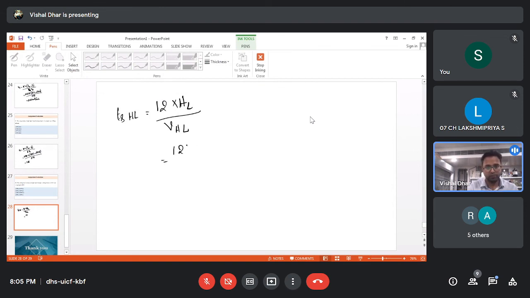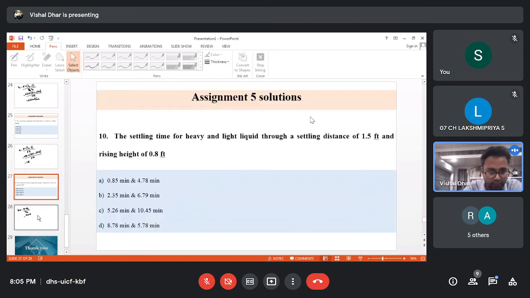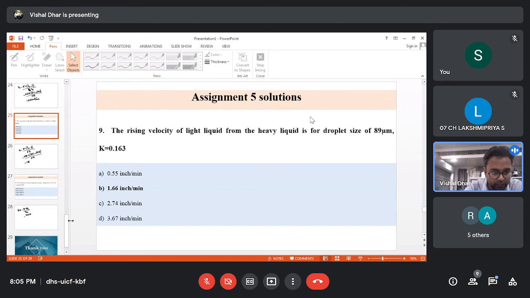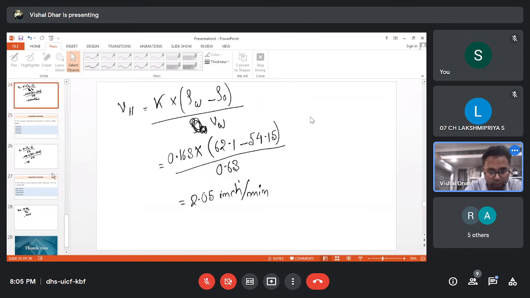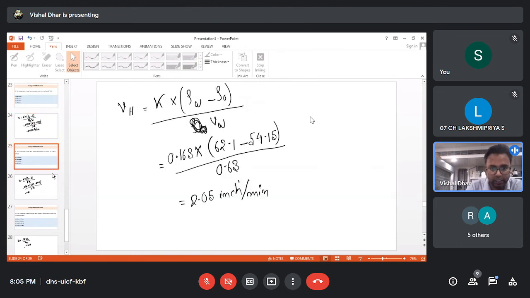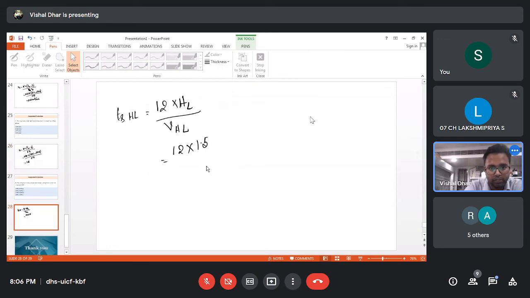So it will be 12 into 1.5, where 1.5 feet is the settling distance, and the velocity of the heavy liquid we have already found out. The settling velocity of heavy liquid is 2.05, right? So we'll be using this here: 12 into 1.5 divided by the settling velocity of heavy liquid, which is 2.05.